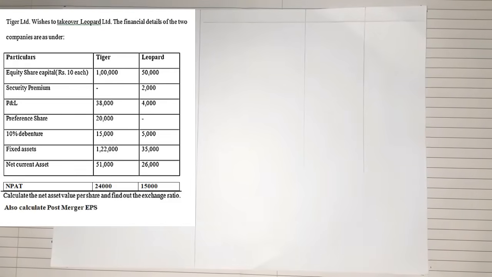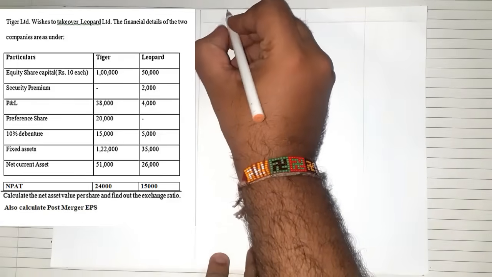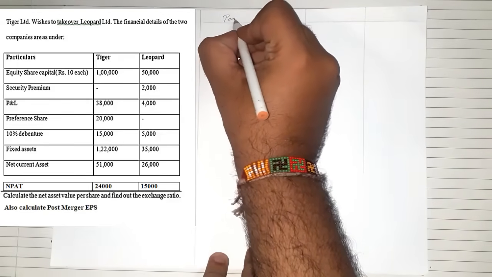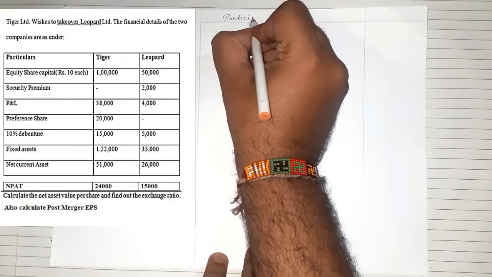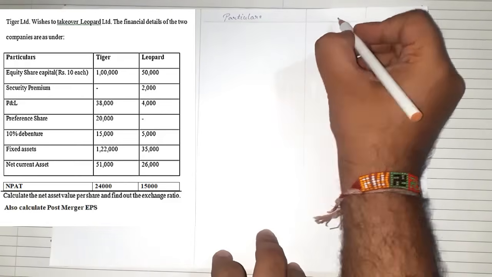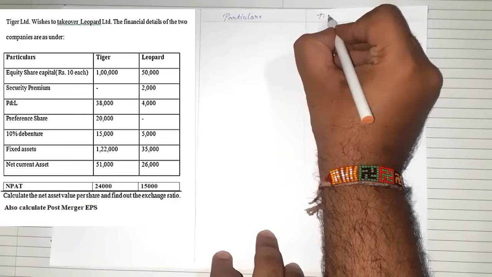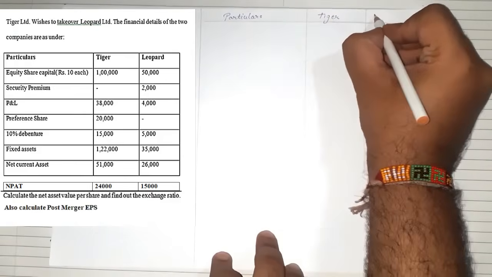First things first, we will note down whatever details have been given. So we'll make the format where we'll have particulars. Two companies are there, one is Tiger Limited and the other one is Leopard.